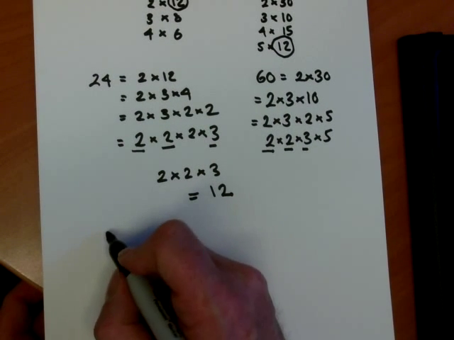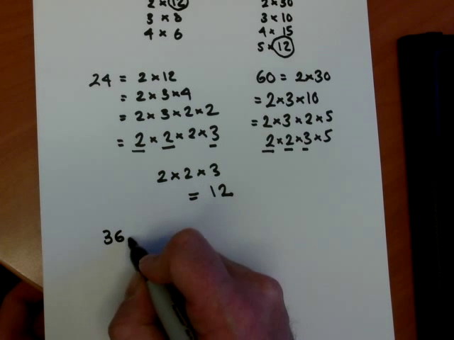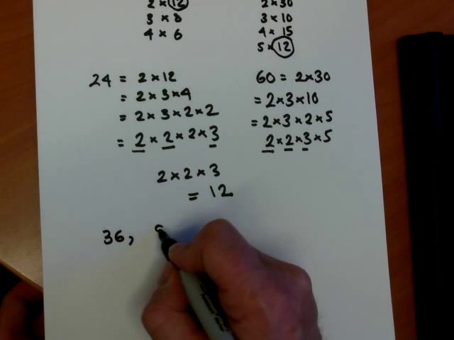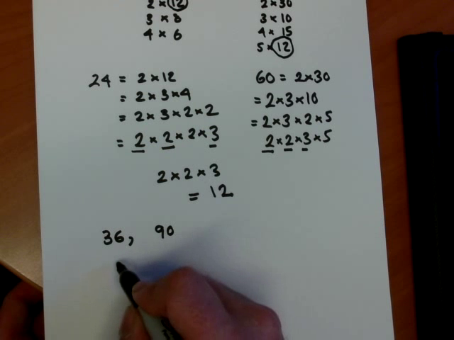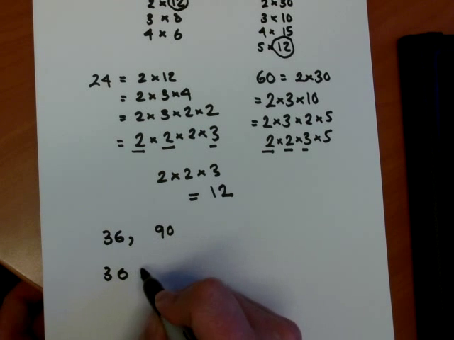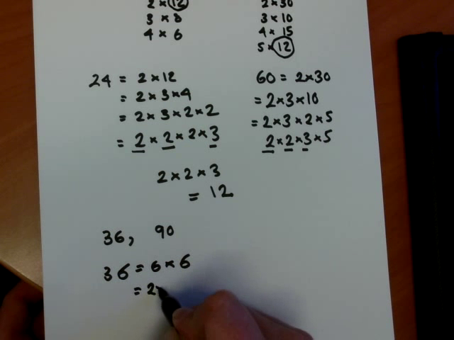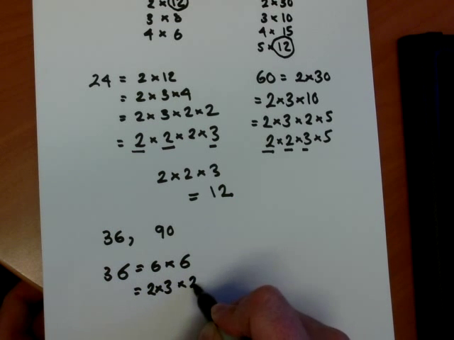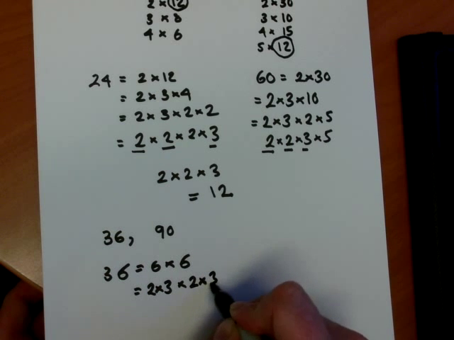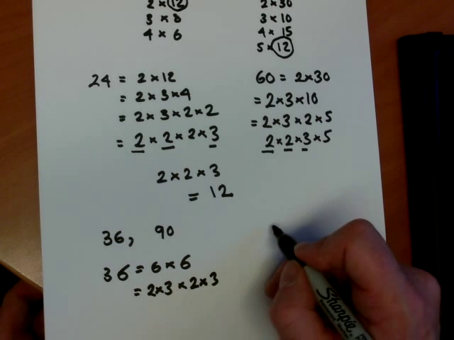Let's see what the highest common factor between 36 and 90 is. So my 36 is 6 times 6, which is 2 times 3 times 2 times 3. And I can leave it like that for the moment.